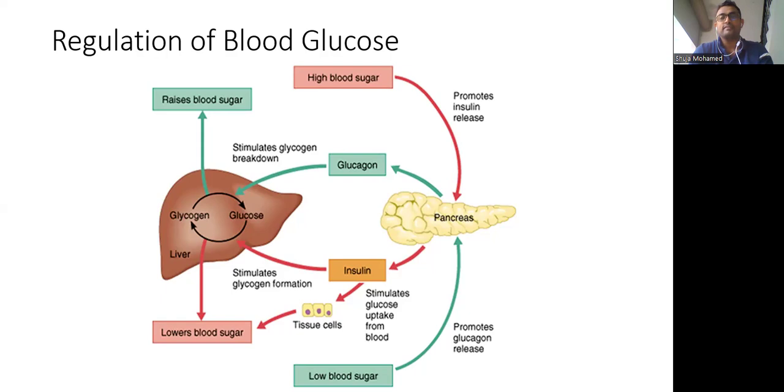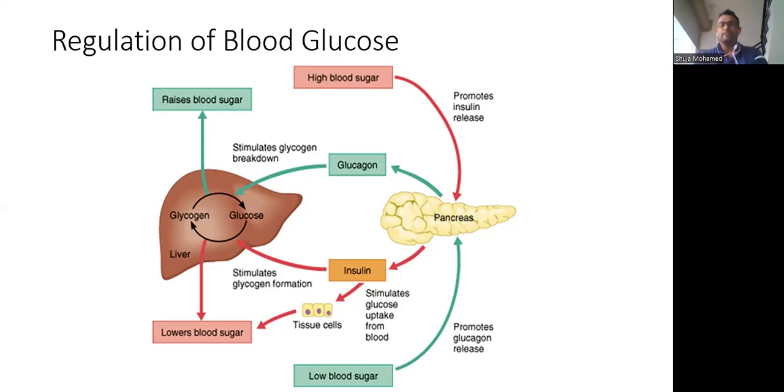So pancreas is secreting insulin. One thing you can do is give drugs which are going to stimulate insulin release. Or else, we are going to increase the sensitivity to insulin. So these two are the major groups of drugs.